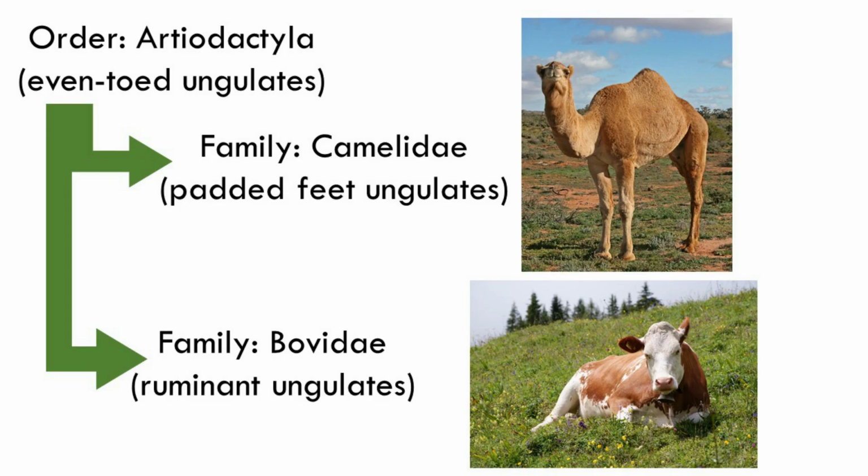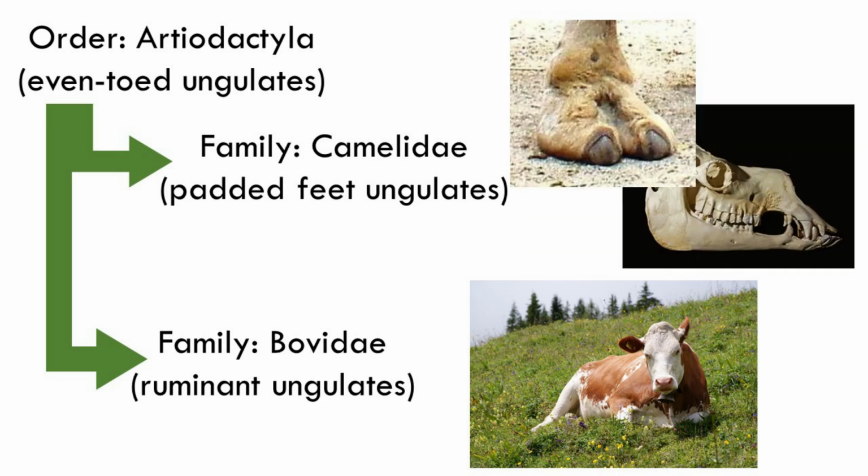Within order Artiodactyla, we have family Bovidae, which are ruminant ungulates like cows, and also family Camelidae, which are ungulates with padded feet like camels. But there are a couple things about camels and Camelidae that suggest that tau are not part of that family. For one, if we look at camel feet, their feet are not really that hooved.